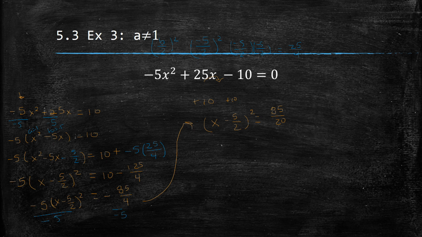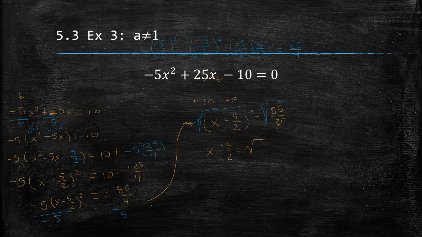Now to solve, we're going to take the square root of both sides. We know that the left-hand side will cancel. We're left with x minus 5 over 2 is equal to the square root.